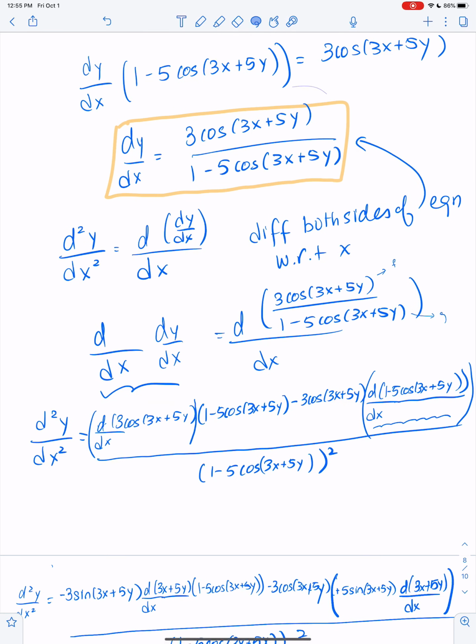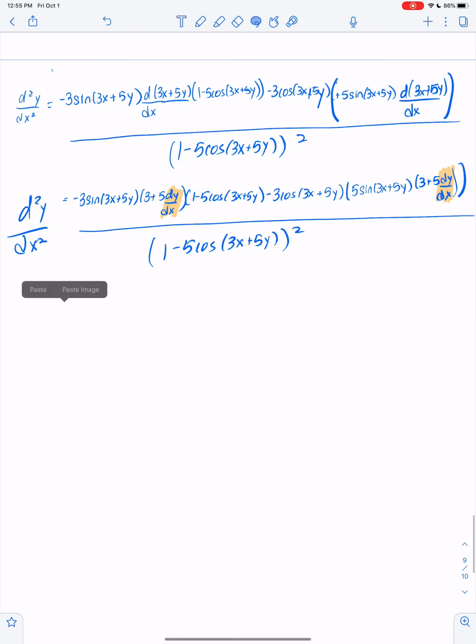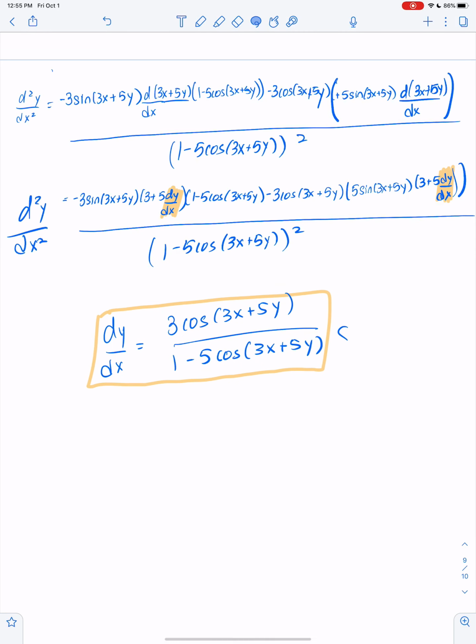Okay, so all the dy/dx's you see, replace with that. Be sure that when you replace it, this denominator over here comes down here, but don't just cancel it with that because there's the plus 3 over there.